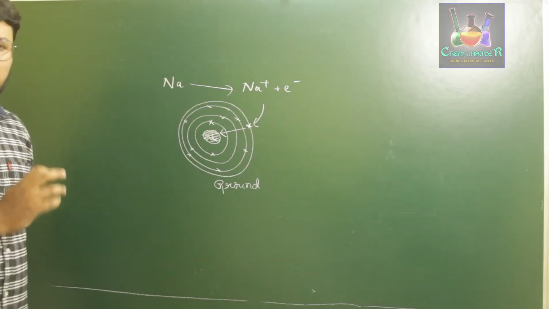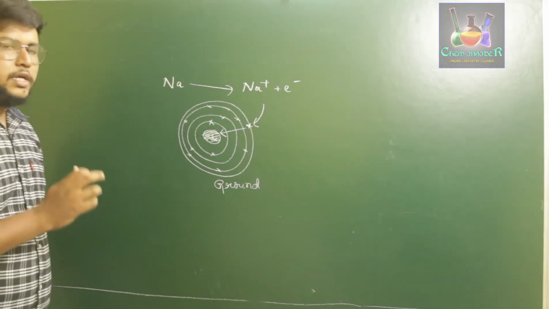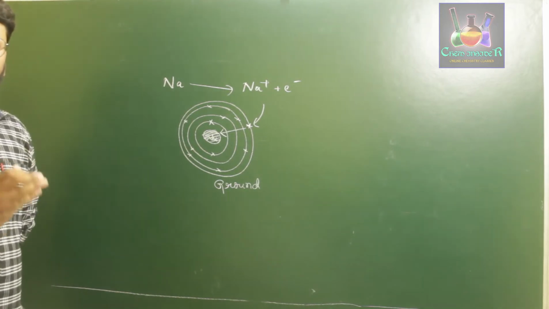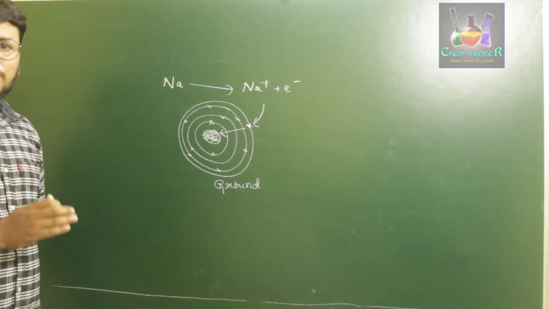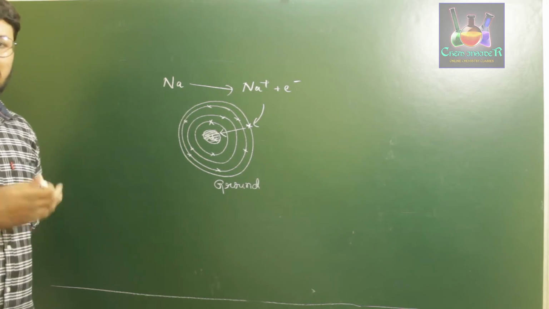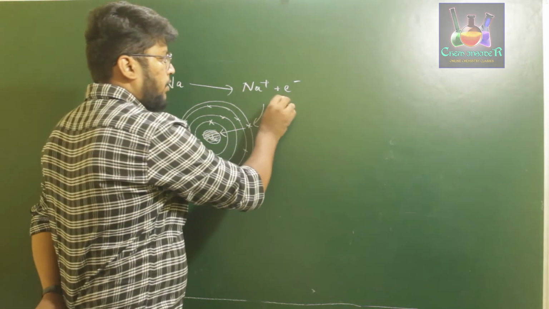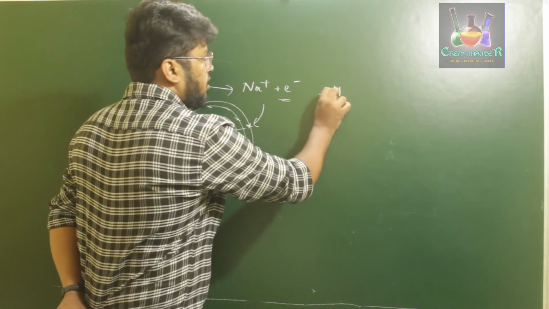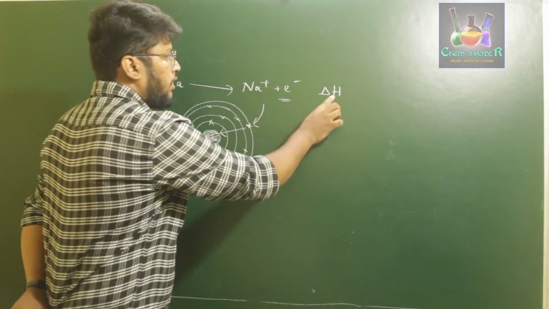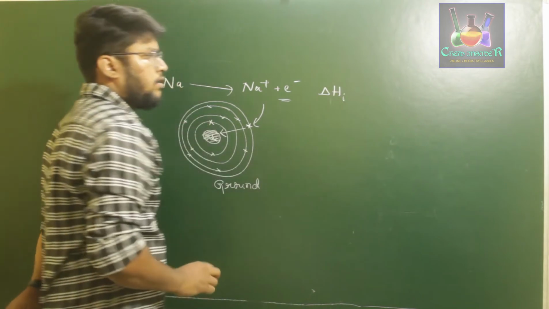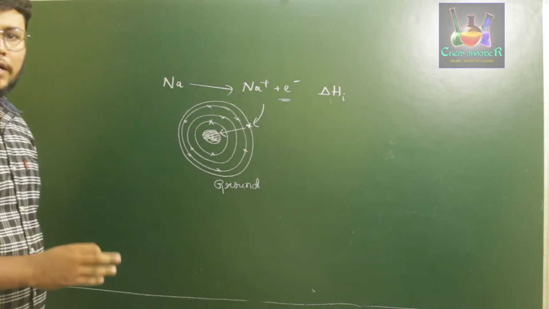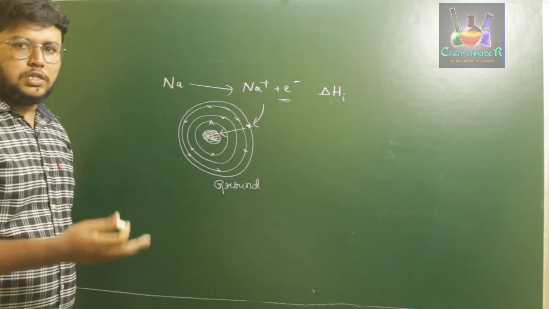So what is the ionization enthalpy then? Ionization enthalpy is the change in enthalpy when an ion is formed or when an electron is removed. In this process we are removing an electron, so there will be a change in enthalpy, delta Hi, that is the enthalpy of ionization. We also call it ionization enthalpy.